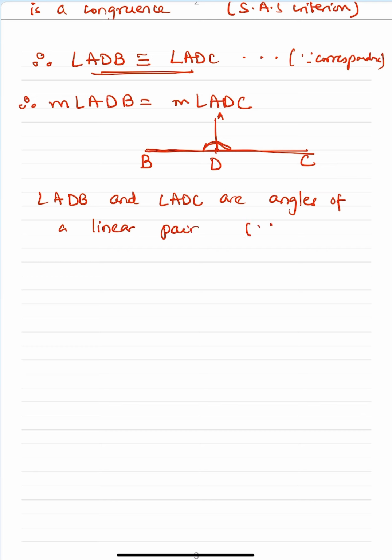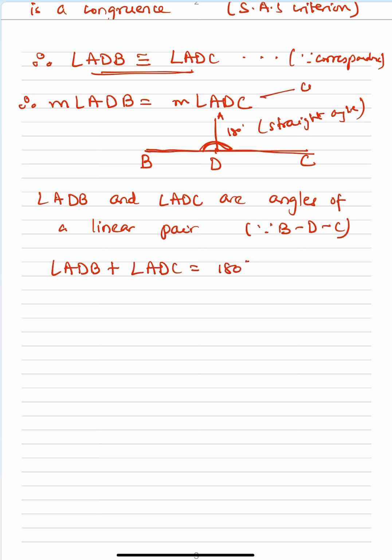Why? Because it is in a straight line B, D, C. So what will this angle be? This whole angle will be 180 degrees because it is a straight angle or it is making a linear pair, correct? So therefore we can write that angle ADB plus angle ADC is equal to 180 degrees. But if I say this is 1, from here I can say that these two angles are equal.